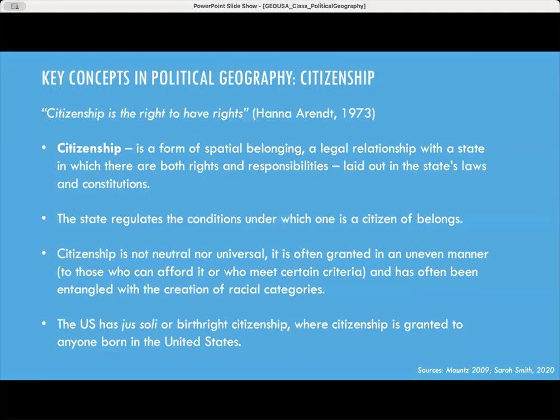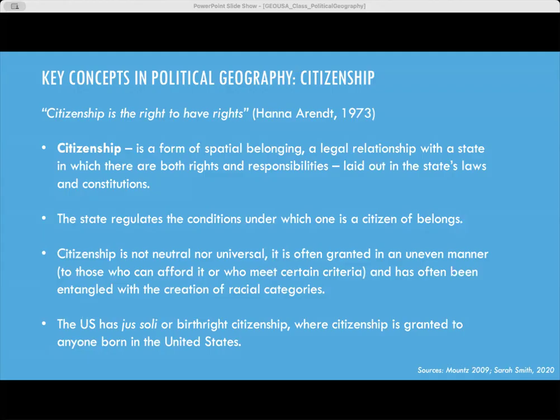So, some of the key concepts in political geography that we have to take into account are very important because they play a significant role in this idea of politics and how to govern. One is citizenship. Citizenship is a form of spatial belonging.